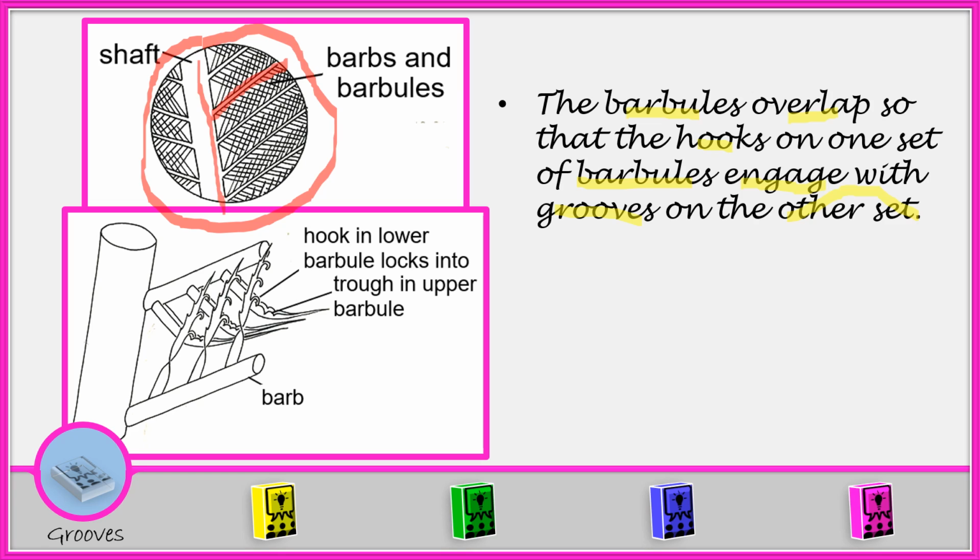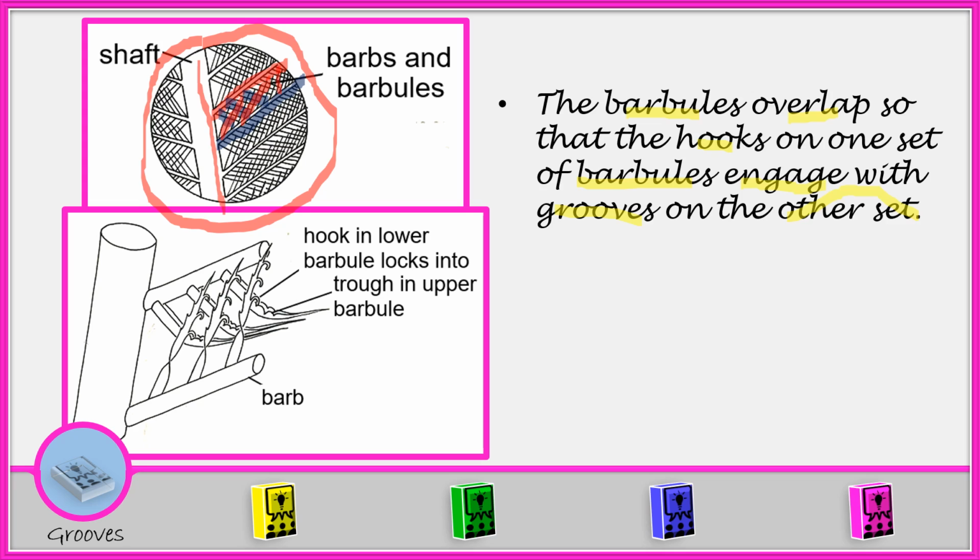From the barb, you will see that you have the barbules. And when you look at the other barb, you will also see that it also has barbules coming out. And those barbules are interlocking into each other.